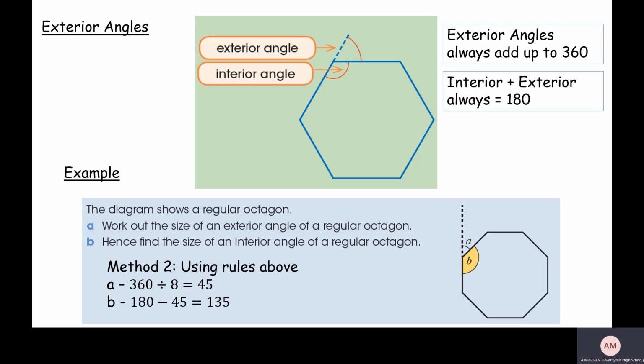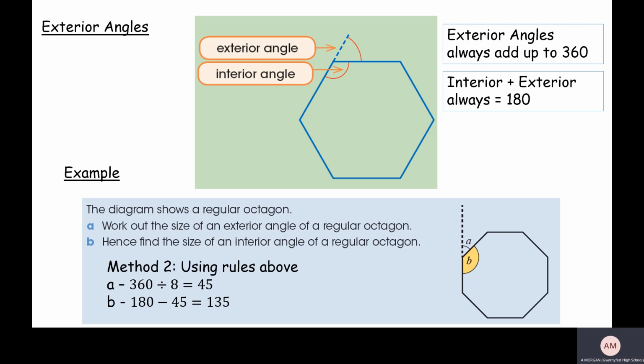So because exterior angles add to 360 and this shape, an octagon, has got 8 of them, 360 divided by 8 gets me 45. You can use a calculator for that. And the other rule up there, interior plus exterior equals 180. That means if the exterior I've just worked out is 45, 180 take away 45 gets me 135. So that's a method which I think is better because it doesn't rely on you memorizing a table.